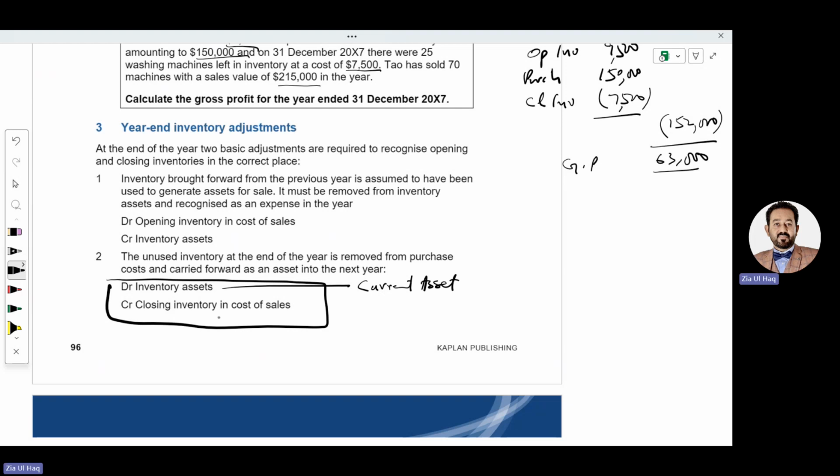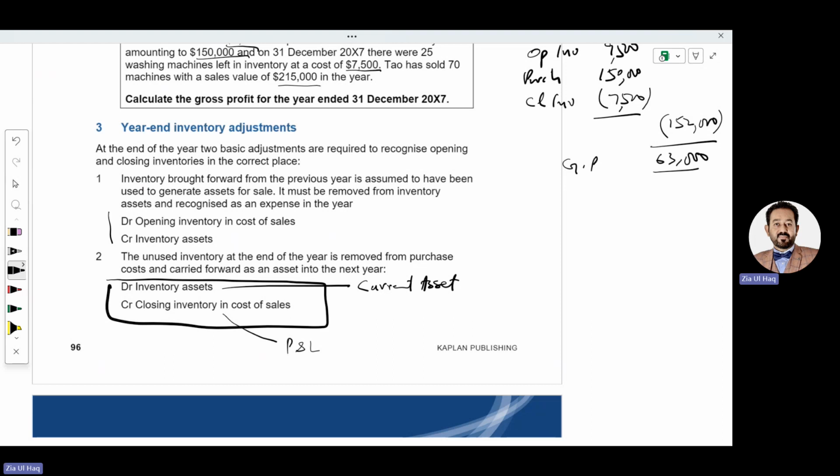And closing inventory credit means we will deduct this from cost of sale in the profit and loss account. So credit will be deducted from cost of sale in the profit and loss account, and the debit will be recorded as an asset in the balance sheet.